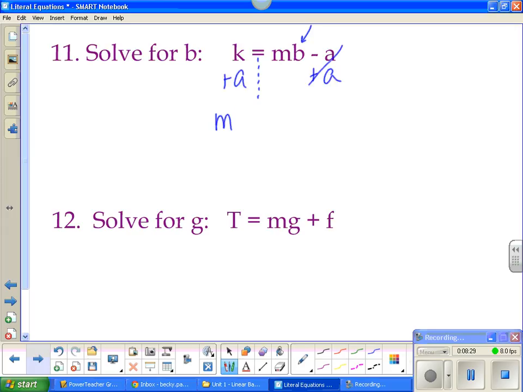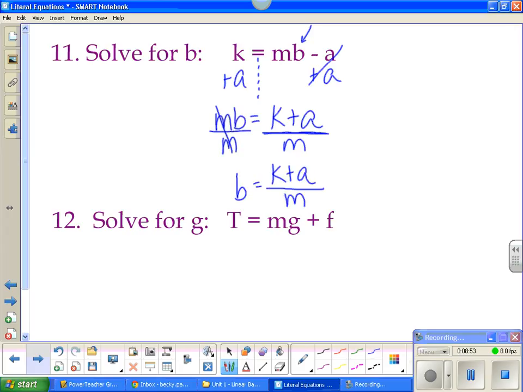So I have mb equals k plus a. And then to solve for b, what's still with the b? That's an m, that's multiplication, so I'm going to divide both sides by m. And when I come over here, I have to divide the whole side by m. Those cancel. B equals k plus a all over m.